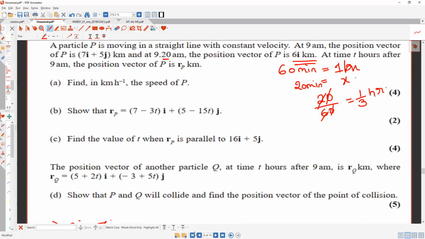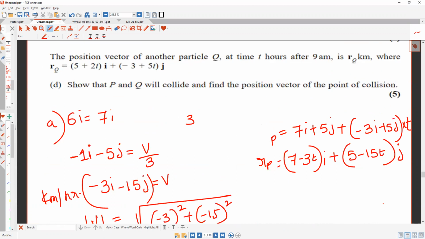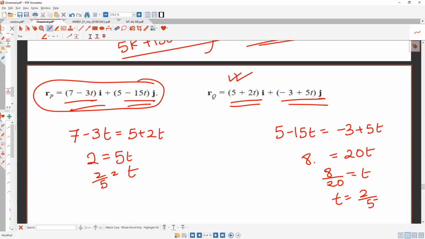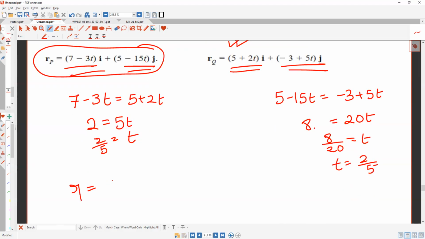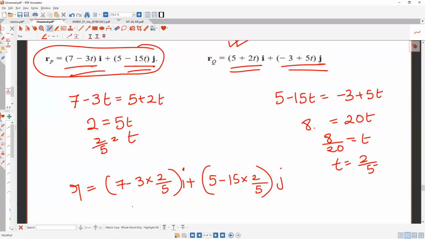But did they say prove? Show that, okay, and find the position vector of the point of collision. I know the time is 2 by 5. So you take any one equation out of these two, and in place of t, substitute 2 by 5. So what position vector are they in during collision? It has to be 7 minus 3 into 2 by 5 for i, plus 5 minus 15 into 2 by 5 for j.